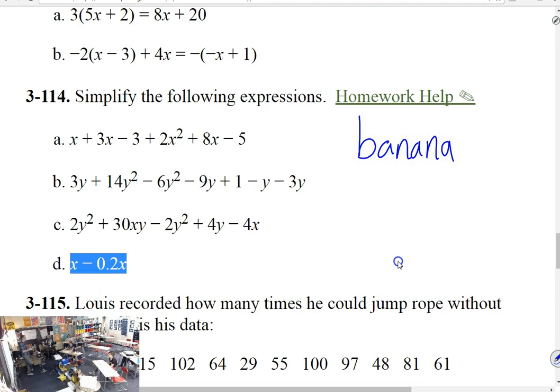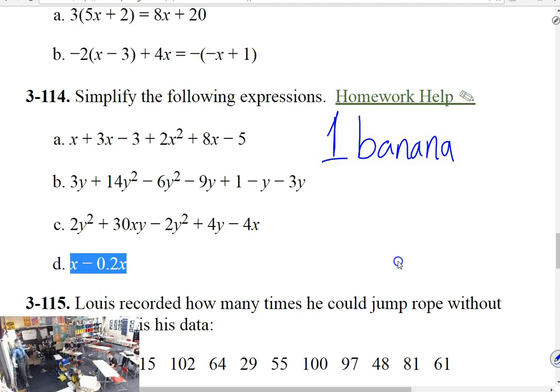So if I wrote banana on the board, what would you assume for the amount? 1, right? 1 banana. Do I need to put 1 for you to think, oh, there's 1 banana? No, I put banana, you assume there's 1, unless I tell you there are more than 1. Or if you put bananas.